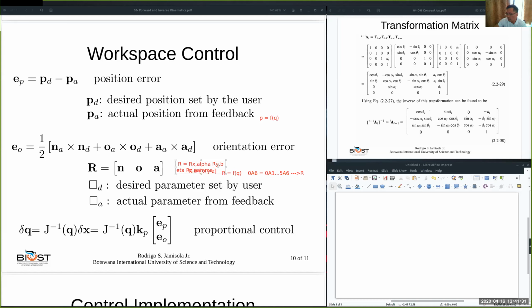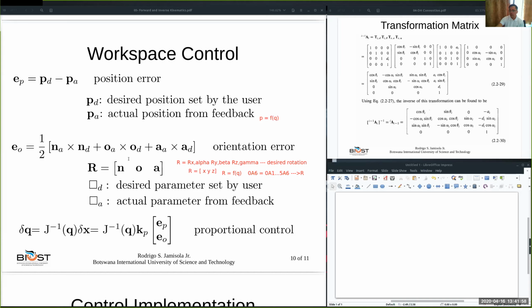So if you have 3 rotations, you can always do that, and then you can specify your desired rotation here. Or, as I mentioned, you can use the roll, pitch and yaw convention that is popularly used by many people in the industry.